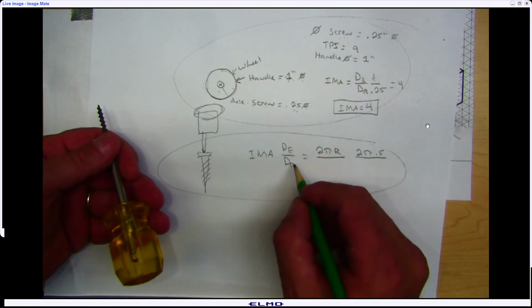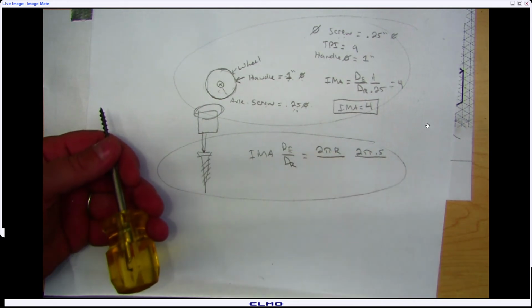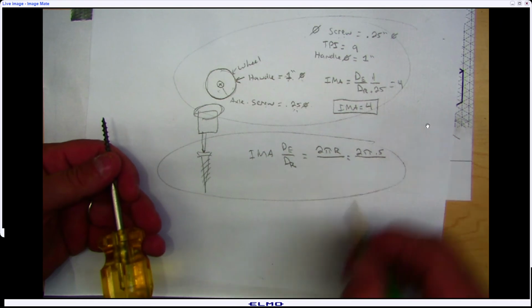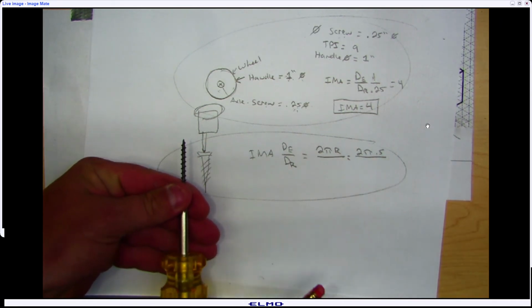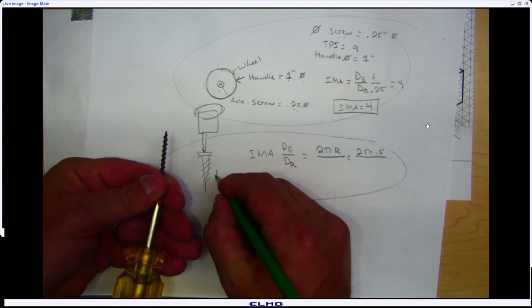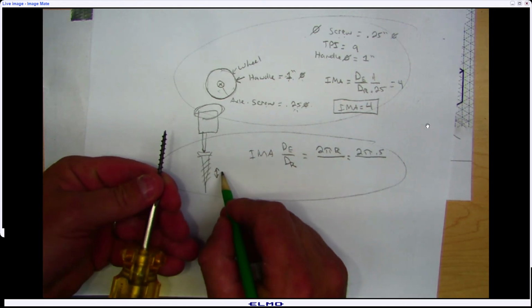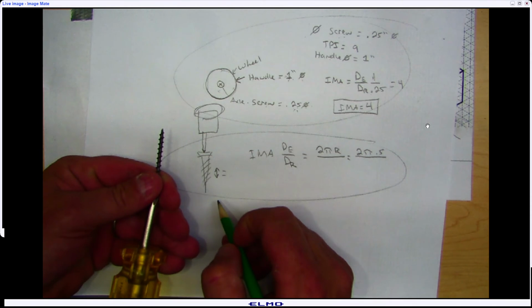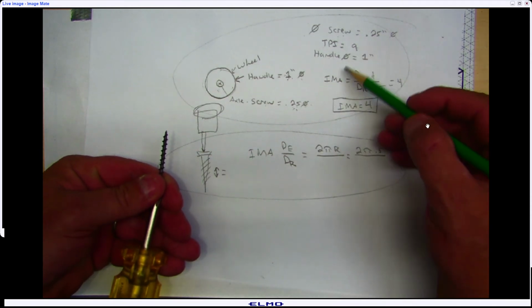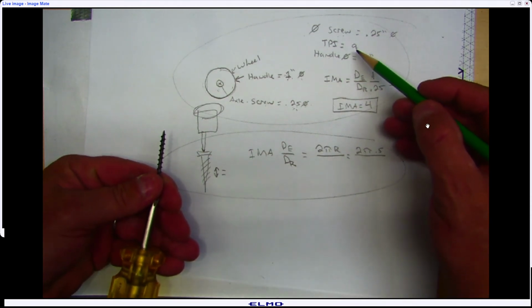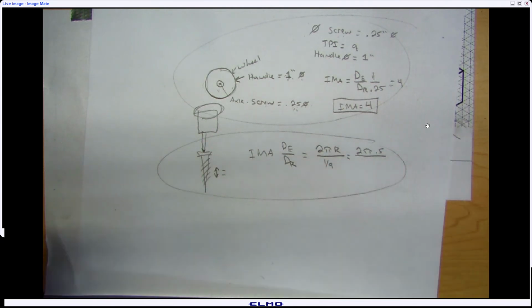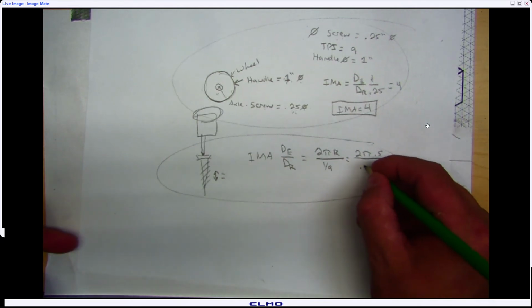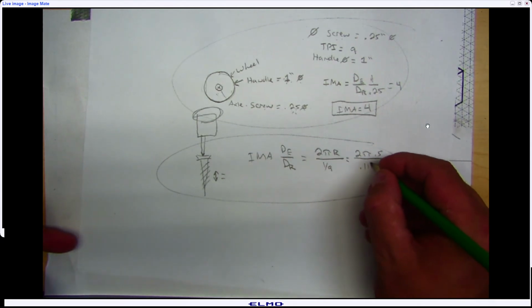My distance of resistance on the bottom is how much this screw lifts, up or down depending on which direction I'm turning it, for one thread. According to the threads per inch, there's 9 threads per inch, so I can quickly say 1 over 9. According to my calculator, that's 0.111 repeating.